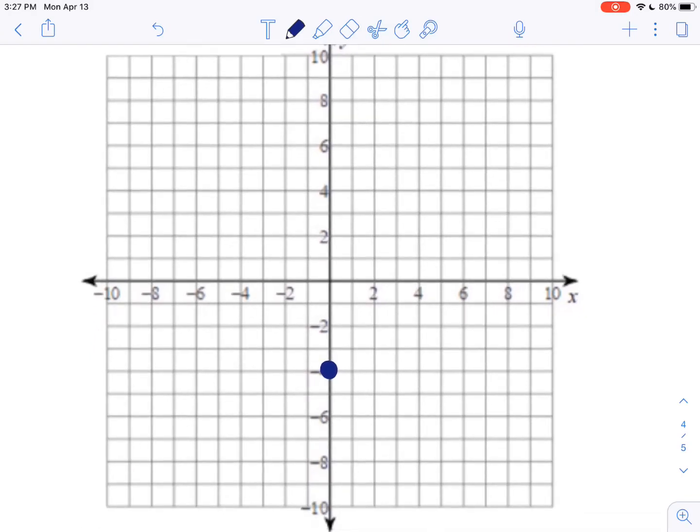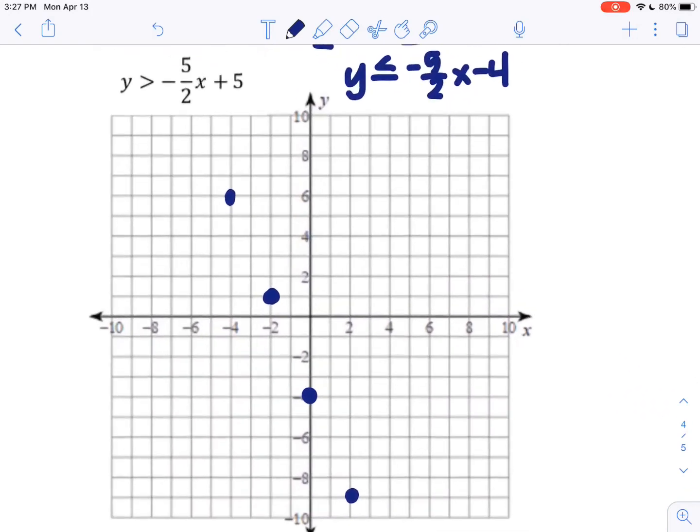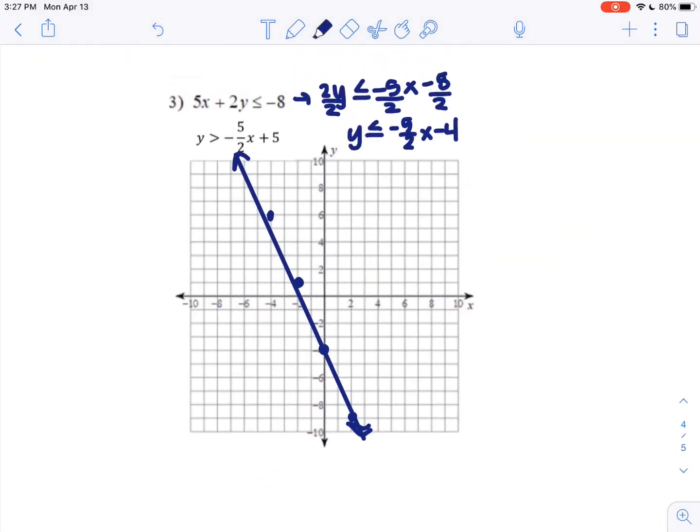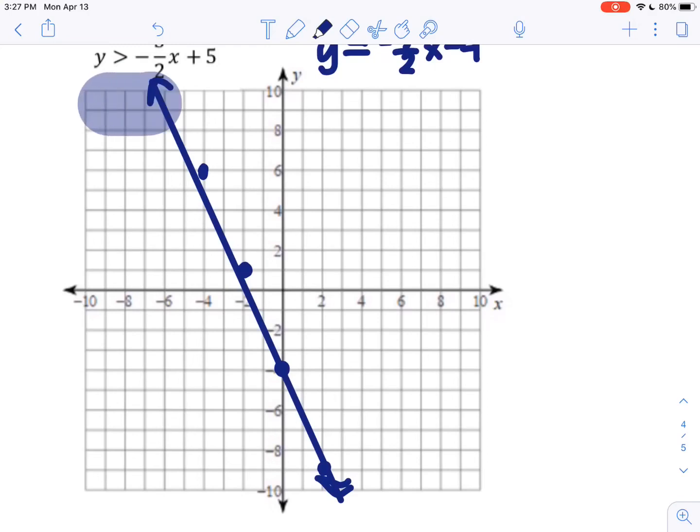Okay, and then I'm going to go down 5 to the right 2, or I could go up 5 to the left 2. Okay, and this is a solid line. And I'm going to shade, let's see, it's less than, so I got to shade below.